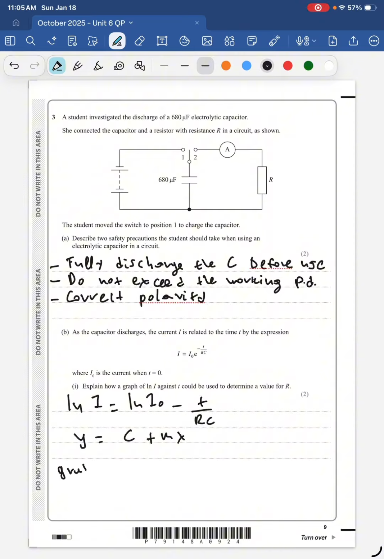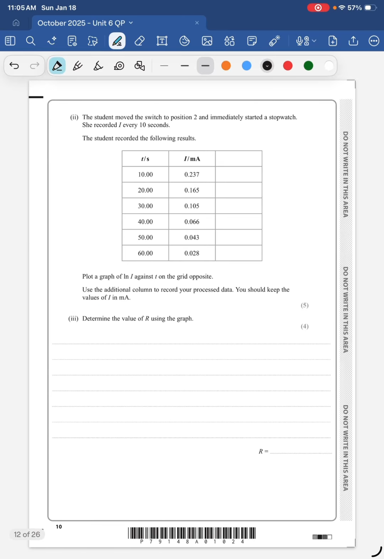So the gradient is equal to minus 1 over RC. Okay, so R is minus 1 over C times the gradient. And that's the answer. Simple as that. It's a linear form, so it's very easy to find.